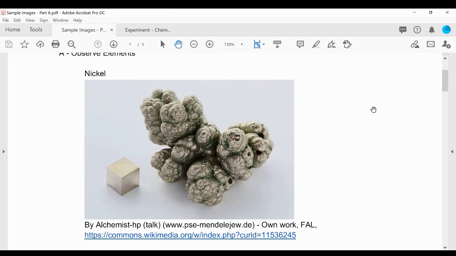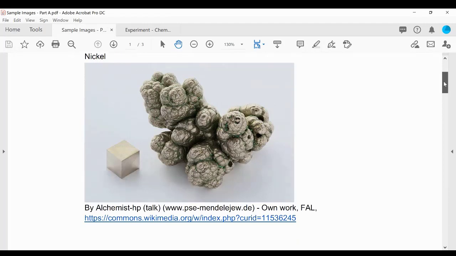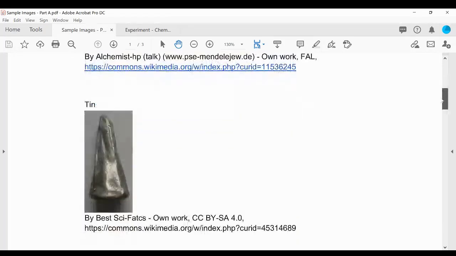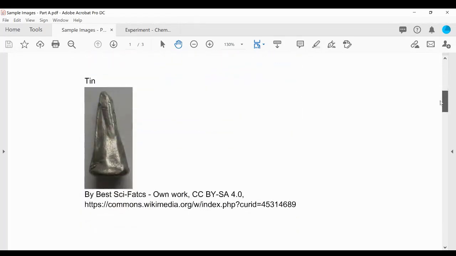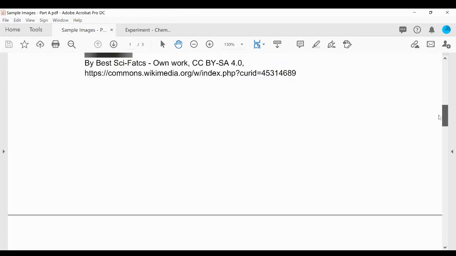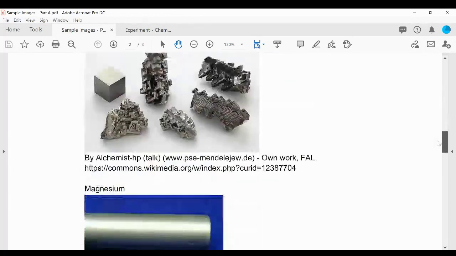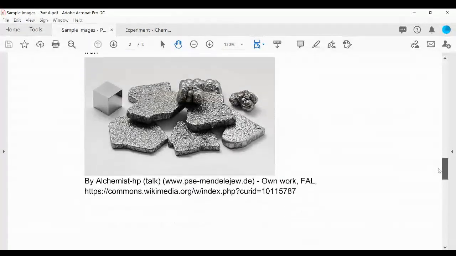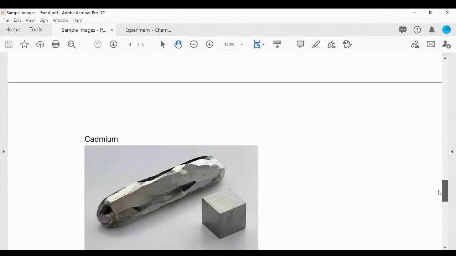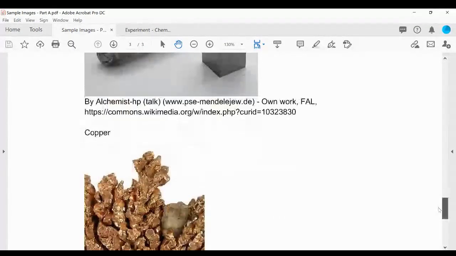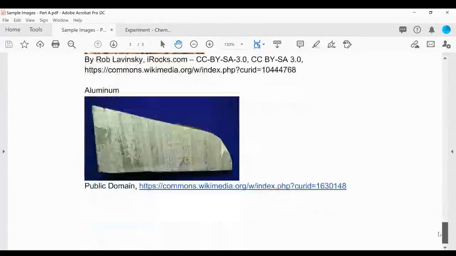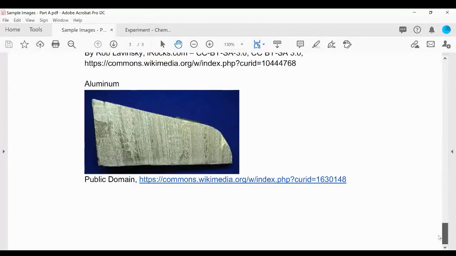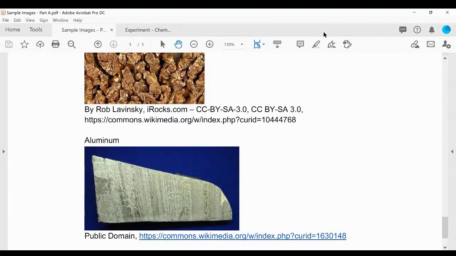That will be the color, and it will ask you for the atomic number. We will go over that, but you will use this part to observe the different elements: tin, bismuth, magnesium, iron. These are the 8 elements: cadmium, copper, aluminum. So they will give you this information.